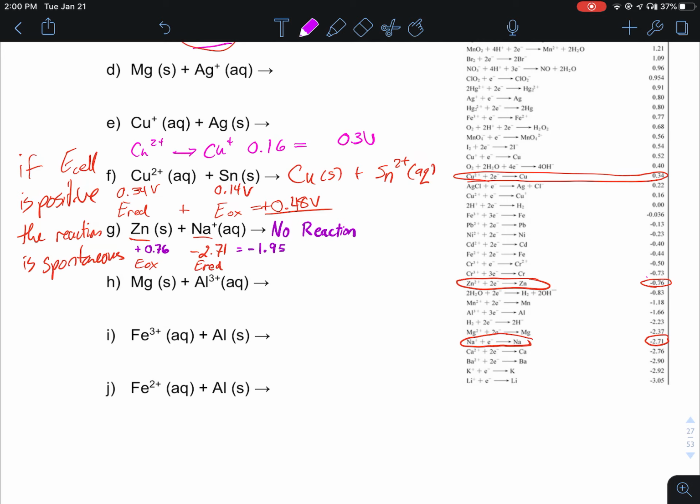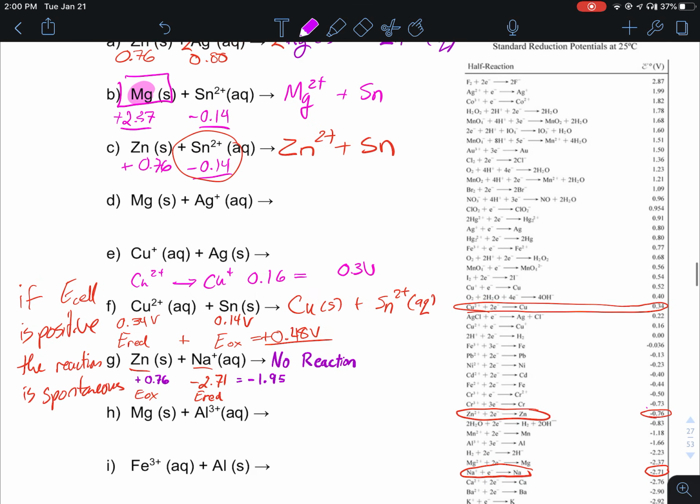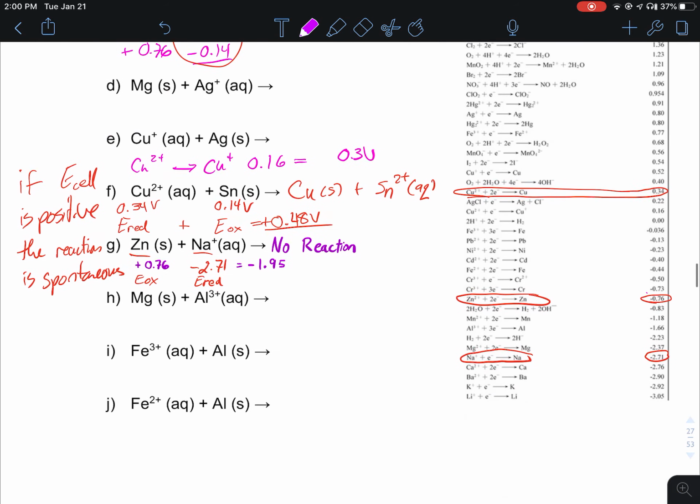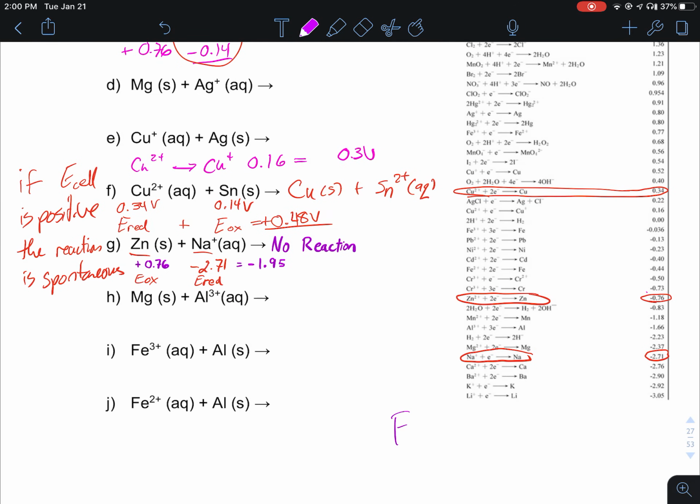It doesn't really want that electron. The only way we could maybe get sodium to reduce is if we provided it with a better source of electrons. Perhaps if you combined it with fluorine.